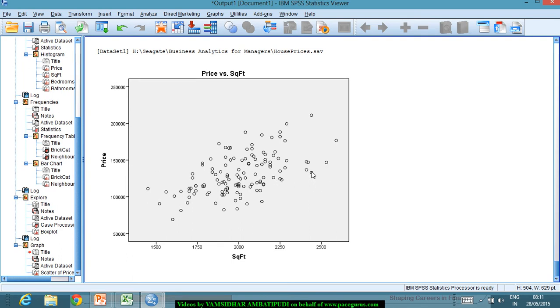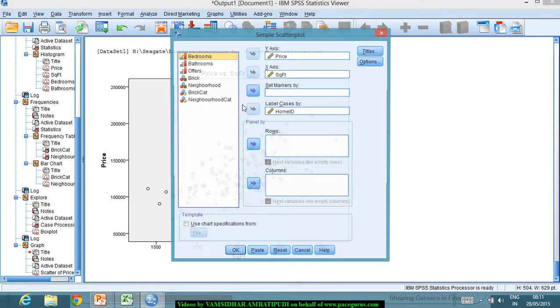Or a house with almost 2,400 square feet, whose price is just around 140,000. So you could see some of them falling way apart from the traditionally upward sloping segment.